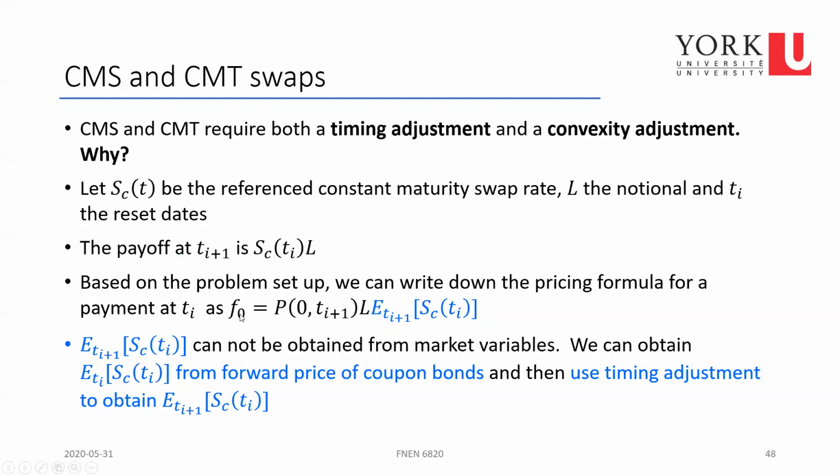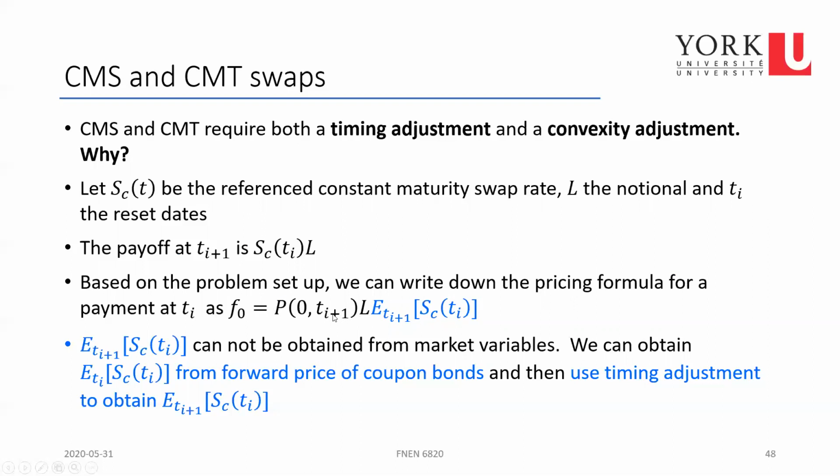So then if you set it up according to the equivalent martingale approach, the value must be the discounted value of the expected payoff. The expected payoff is really the notional times this swap rate, right? The notional is constant, so you put it out.